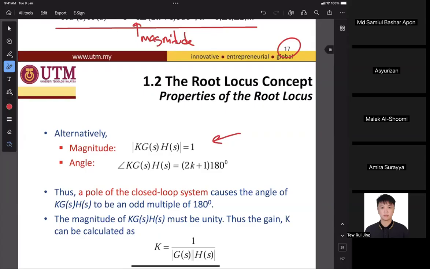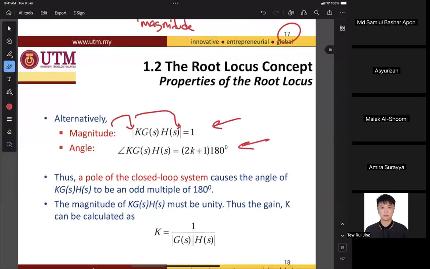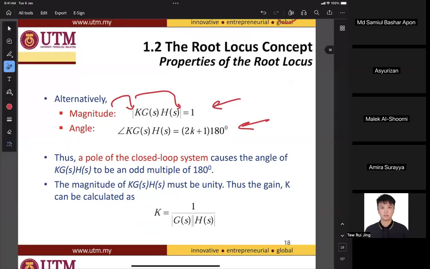So this is the magnitude, equal to 1, and the angle of K G(s) H(s) is (2k plus 1) 180 degrees. Thus, a pole of the closed loop system causes the angle of K G(s) H(s) to be an odd multiple of 180: 1, 3, 5, and so on.